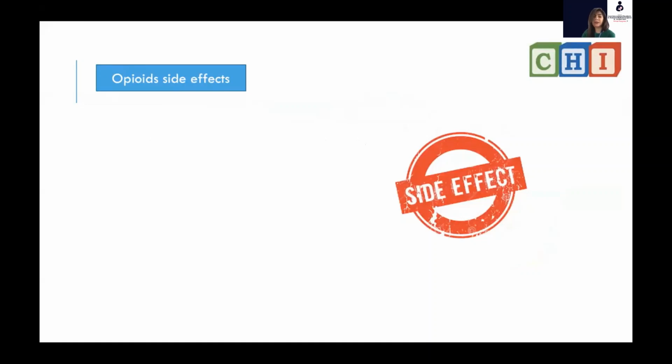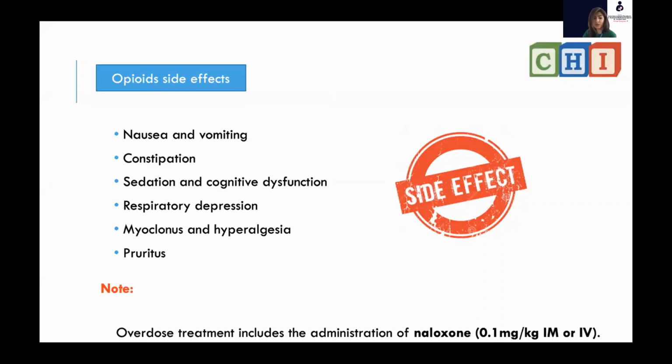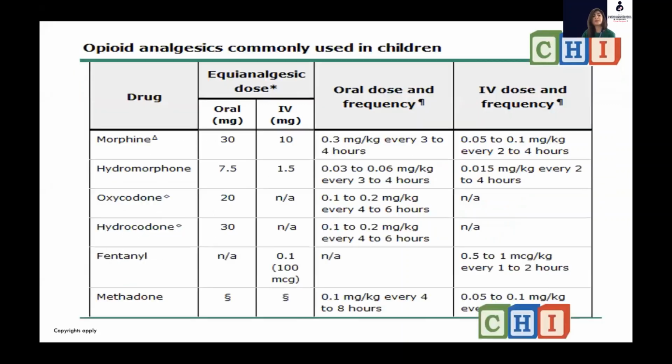We should all know the side effects of opioids: nausea, vomiting, commonly constipation, sedation, cognitive dysfunction, respiratory depression, myoclonus, hyperalgesia, pruritus, and toxicity from overdosing is common, and naloxone is used at 0.1 milligram per kg IM or IV.